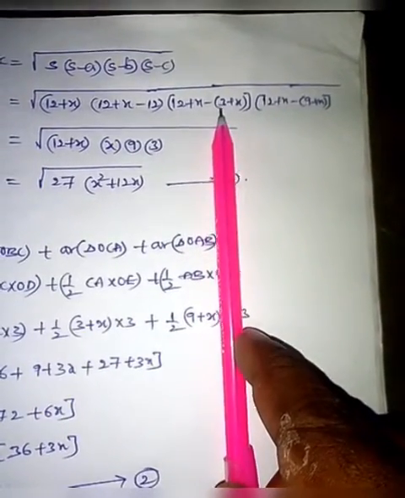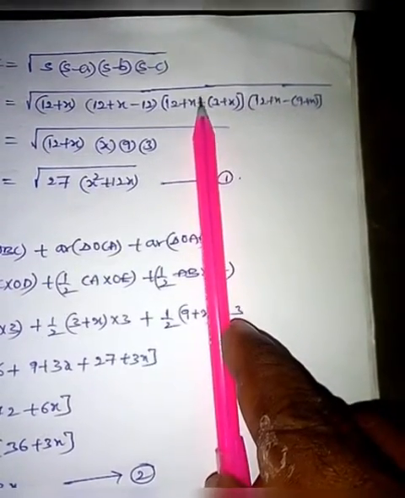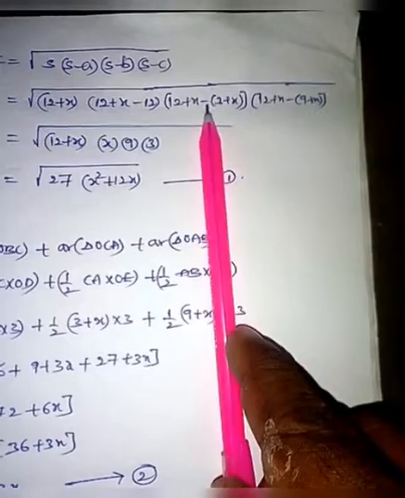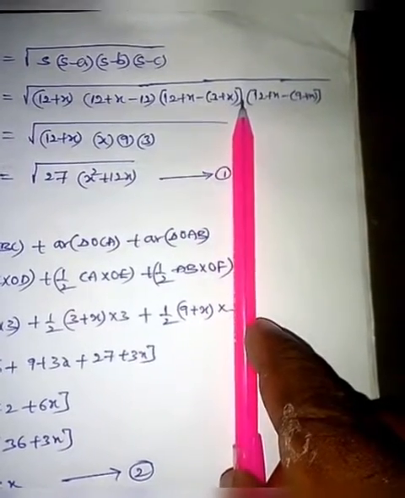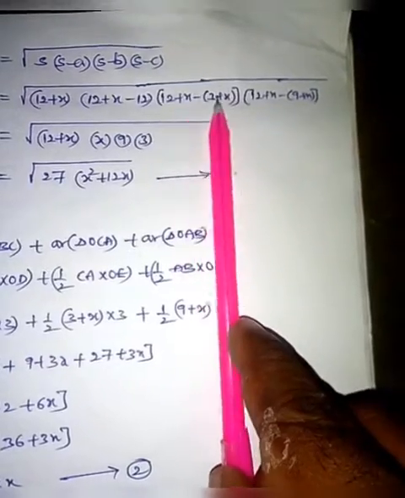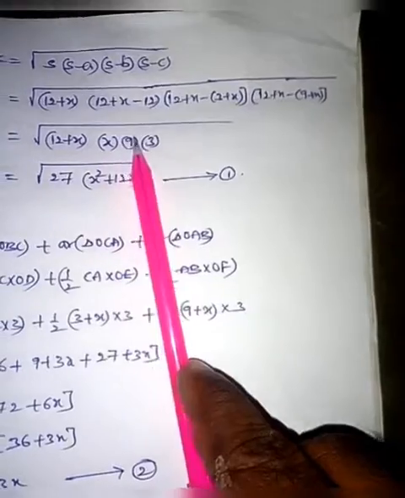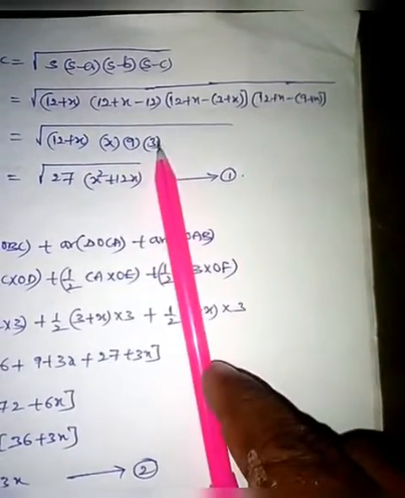In front of 3 plus x there is a minus symbol, so minus is applied to both values 3 and x. 12 plus x minus 3 minus x, the x minus x gets cancelled, 12 minus 3 is 9, and similarly if you simplify the other you will get 3.